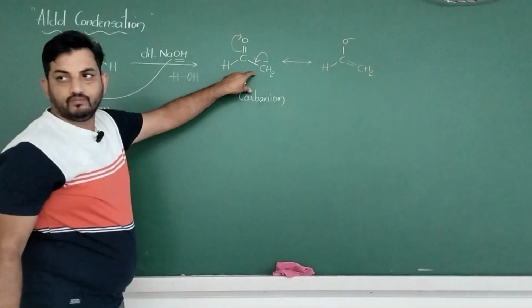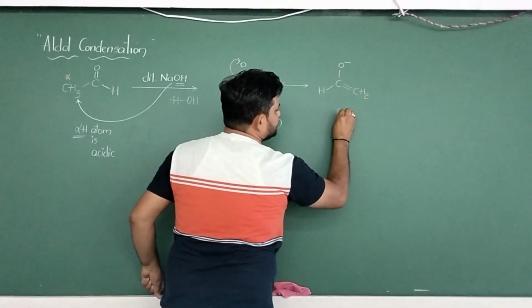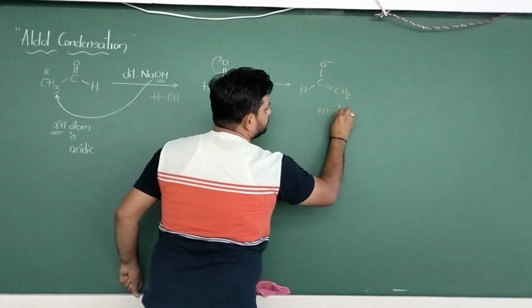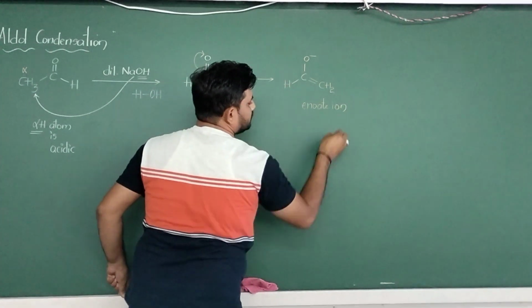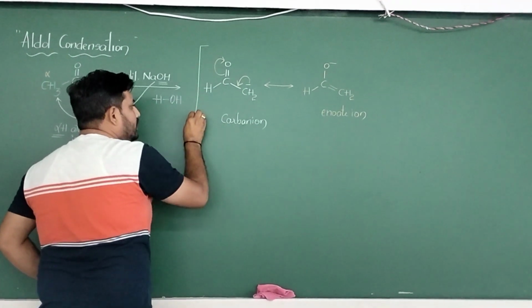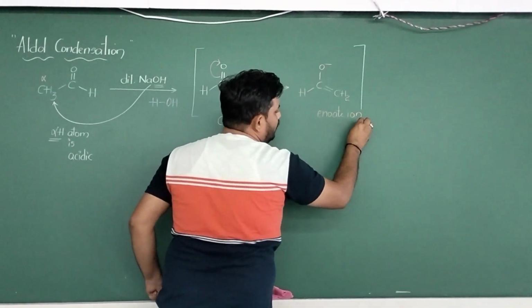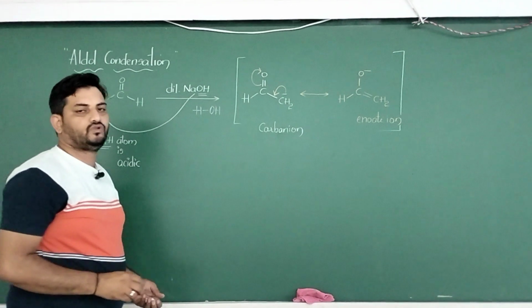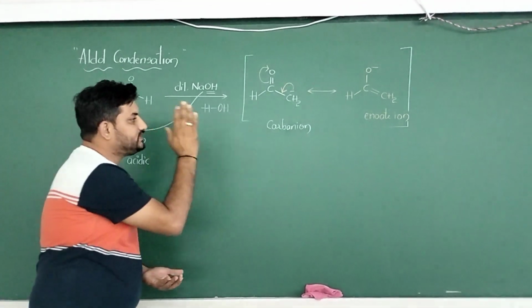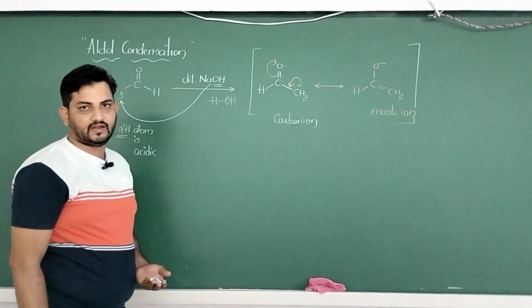If CH2 minus represents a carbanion, the double bond CH2 form represents an enolate ion. Now an aldol condensation may occur by means of the formation of a carbanion or by means of the formation of an enolate ion. This happens to be the first step or initial step of aldol condensation.